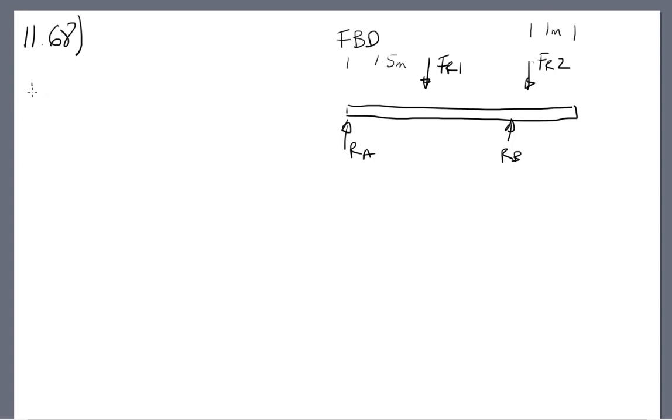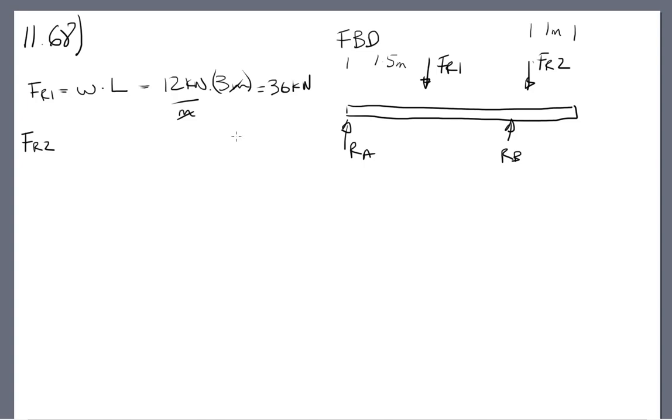So what is FR1? Well, FR1 equals your distributed load times the distance over which it acts. So it's 12 kilonewtons per meter times 3 meters. Your meters cancel, you're left with kilonewtons. That equals 36 kilonewtons. FR2, I always think of this as it goes from 12 down to 0.